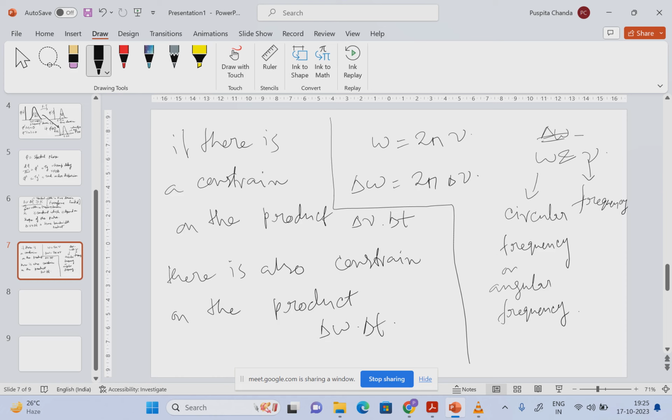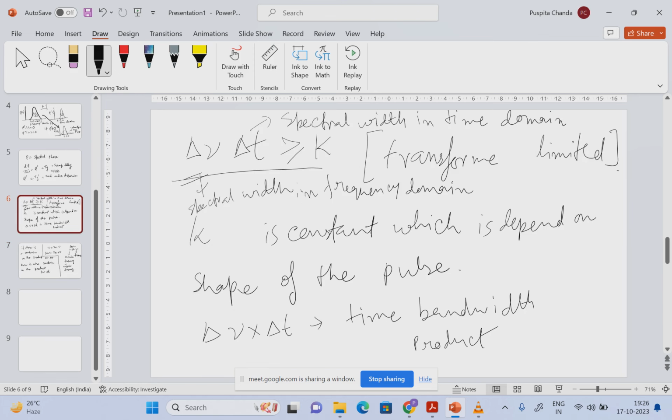Only there is a factor of 2 pi. That's it. This is called the spectral width in the frequency domain, and this is called the pulse width or pulse duration in the time domain.